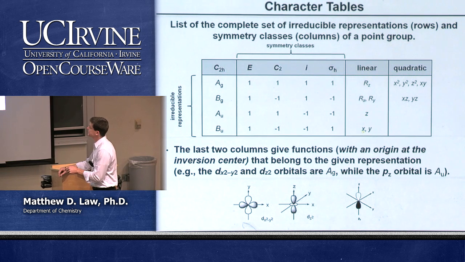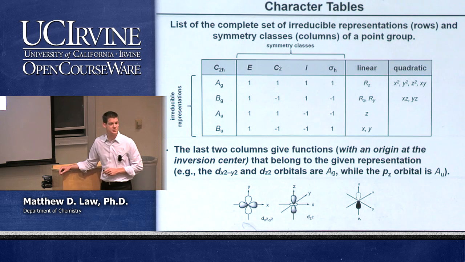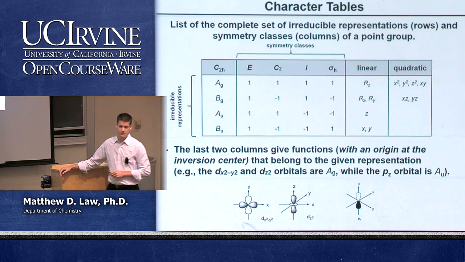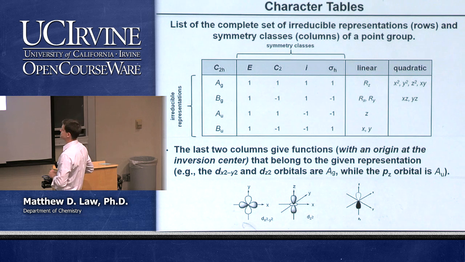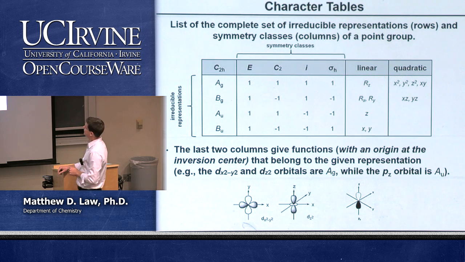So linear functions like x, y, and z. Rz, Rx, Ry mean rotations with respect to those individual axes. So rotations around the z-axis, for example, would be Rz. And the second column here are the quadratic functions, right? Those that combine x, so x squared, y squared, z squared, xy, xz, and yz.